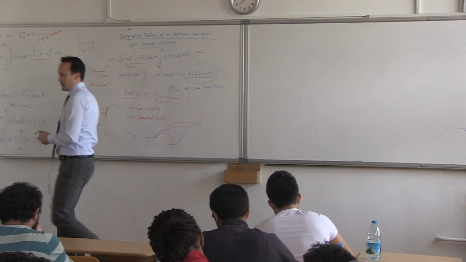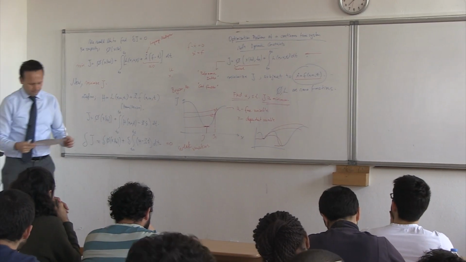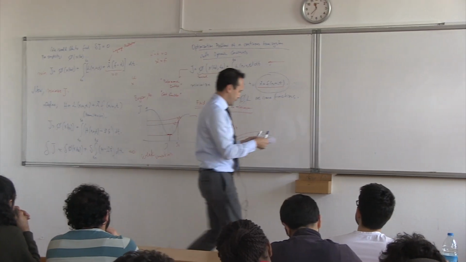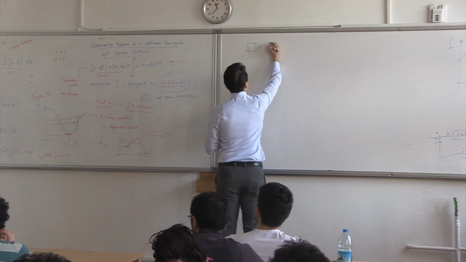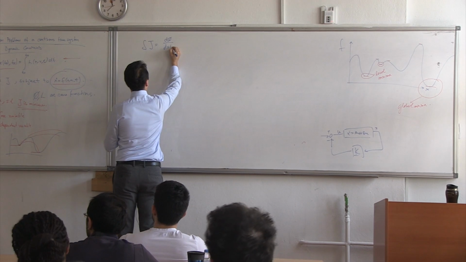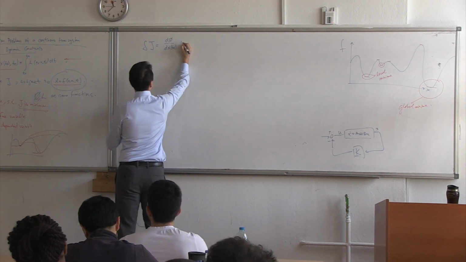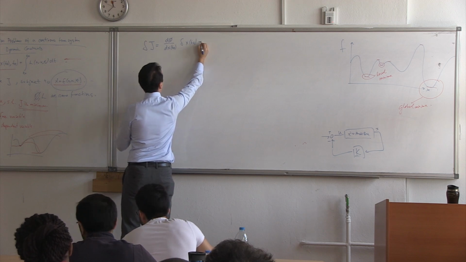So we are looking at small variations. Okay, we are looking at this del j is equal to del phi dx of tf del x tf plus.